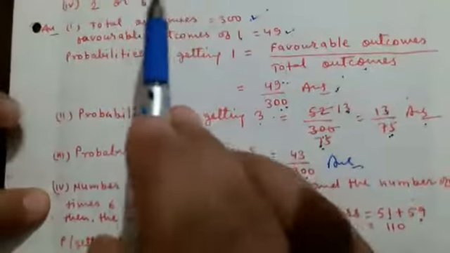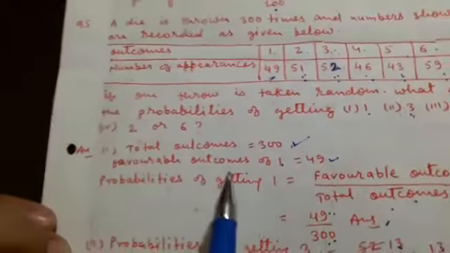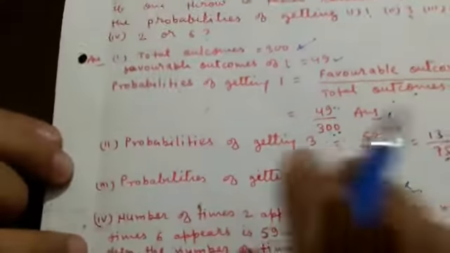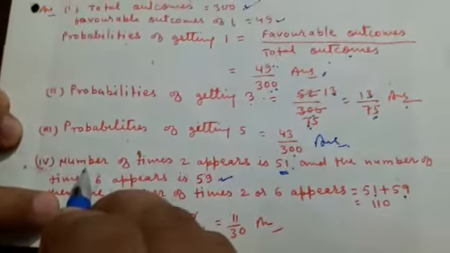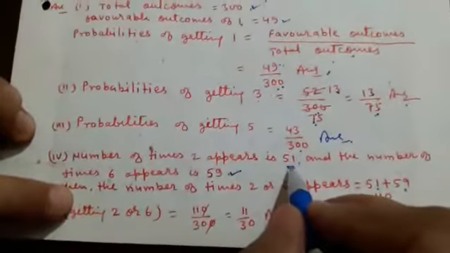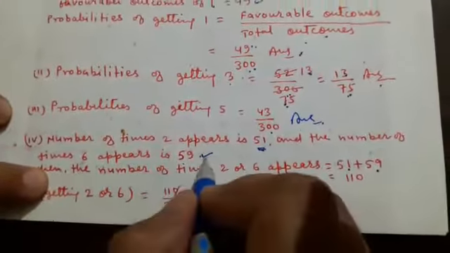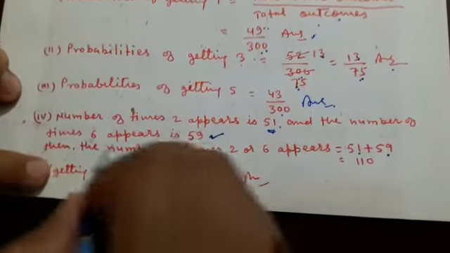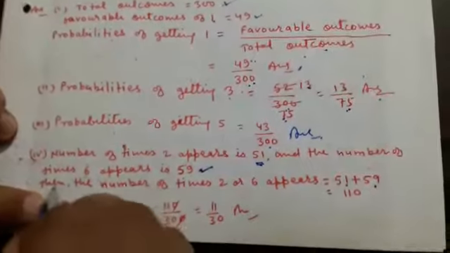In the fourth part, we have to find out the probability of getting 2 or 6. Children, in this type of question, you have to see carefully. First we will find the number of times 2 appears, which is 51, and the number of times 6 appears, that is 59. Then we will add both these numbers.